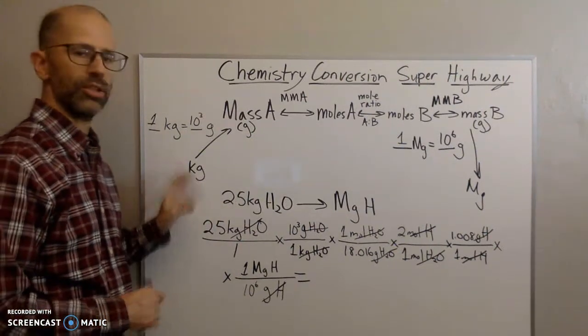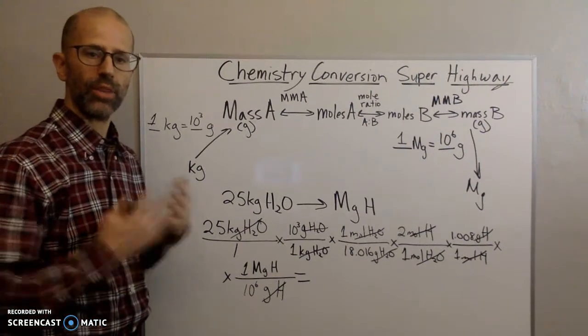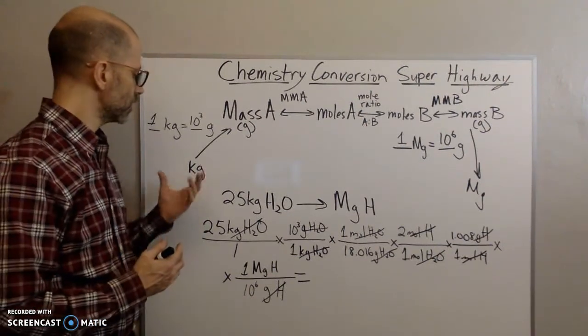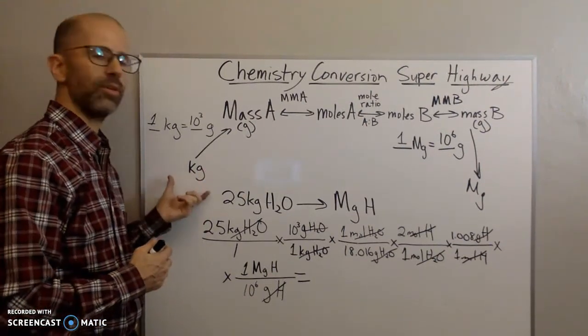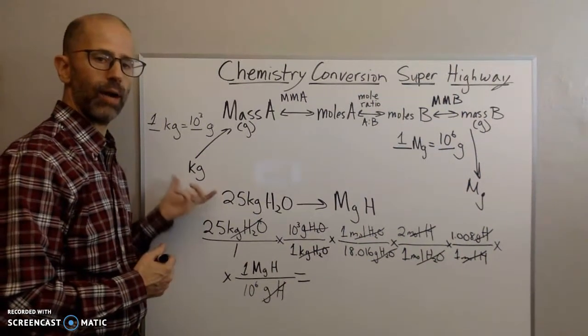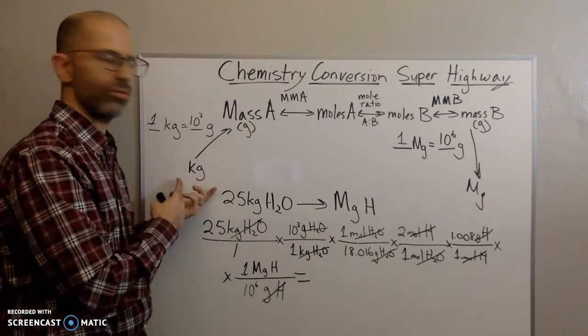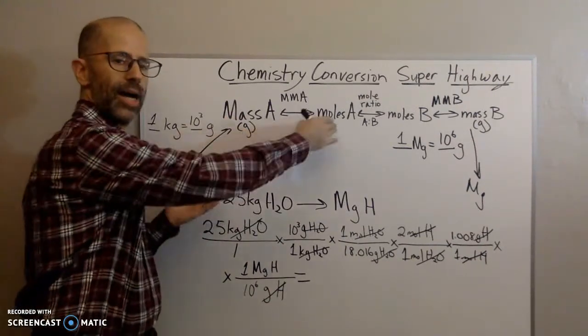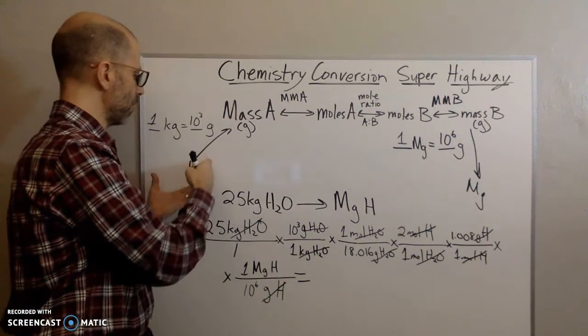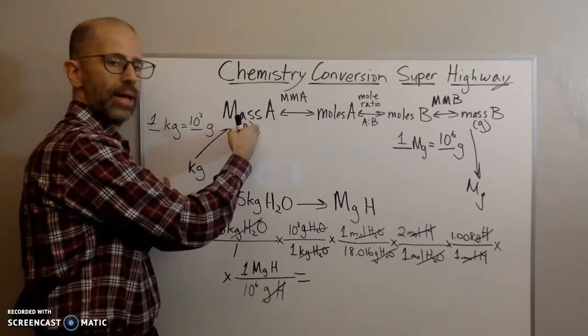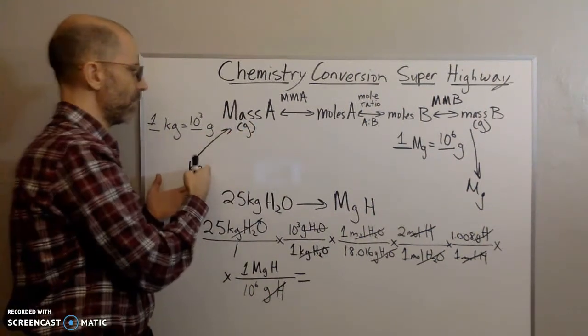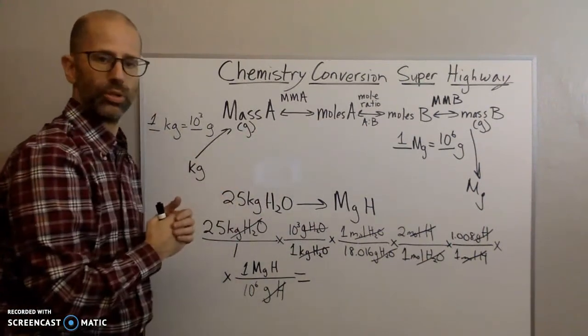One of the ways you want to think about these problems is: if they give me something that's not on the highway, how can I use it? What else can I use that will help me get on somewhere on this highway? Maybe I can go from mass to mass. Maybe I can go from mass to moles directly.